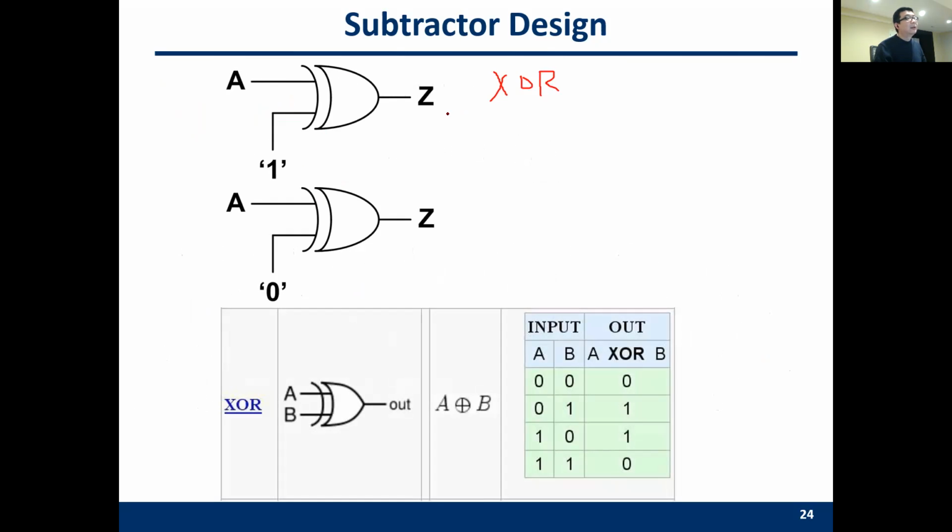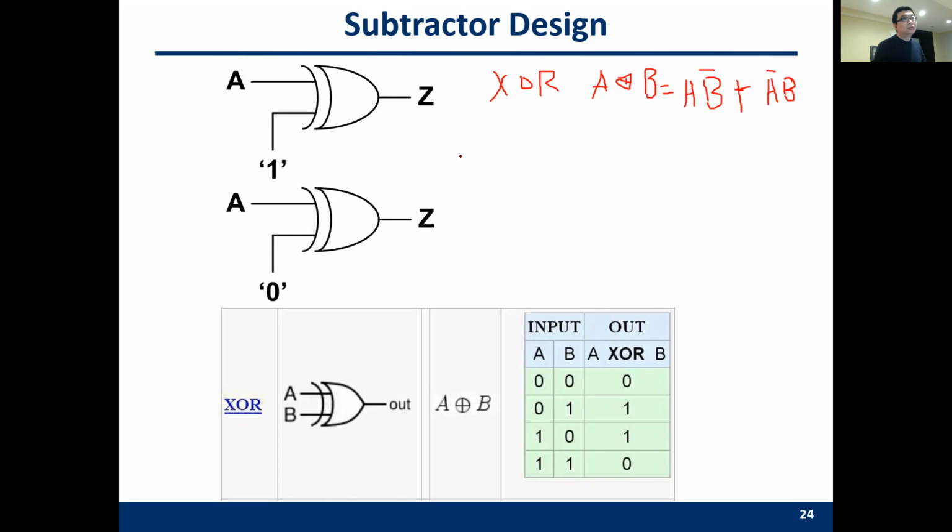Again, A XOR B, I just explained this equation in previous slides, equals A and B bar plus A bar and B. So this is what the XOR operation is about.